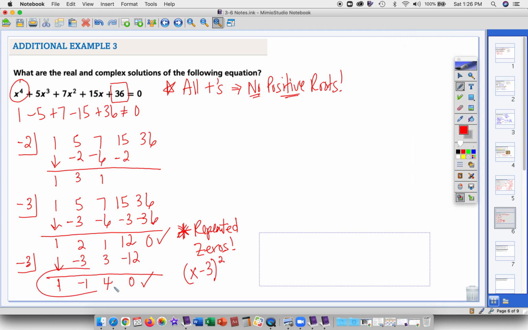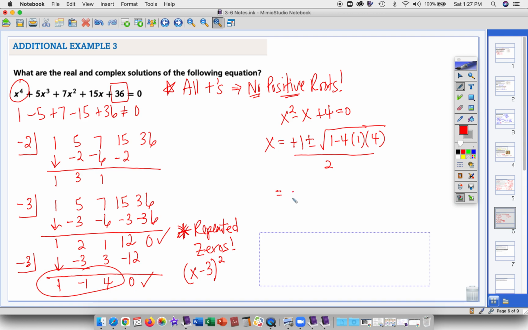Now we've got our quadratic. x squared minus x plus 4. From quadratic formula, I get negative b is a positive 1 plus or minus the square root of b squared minus 4ac all over 2a.